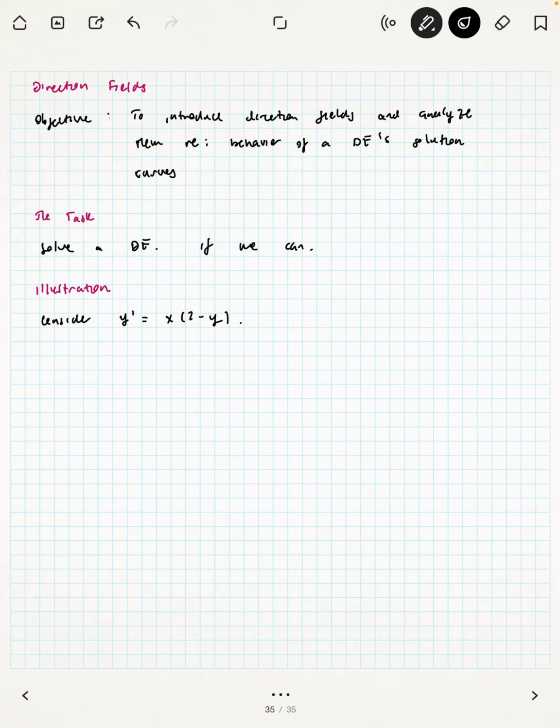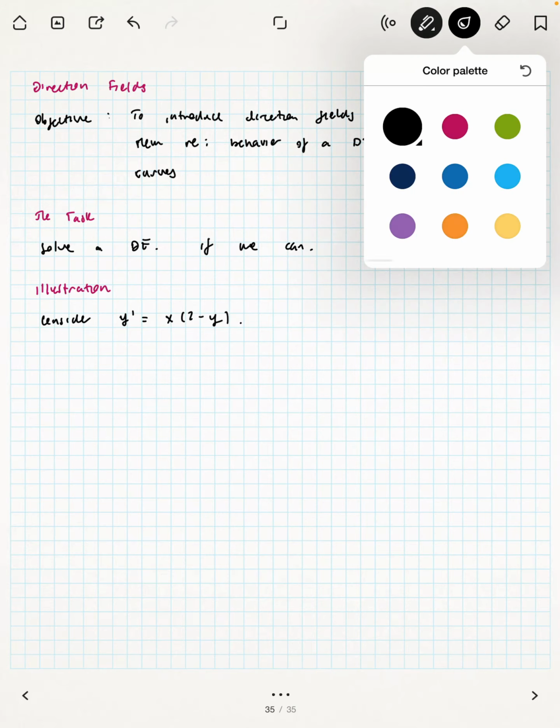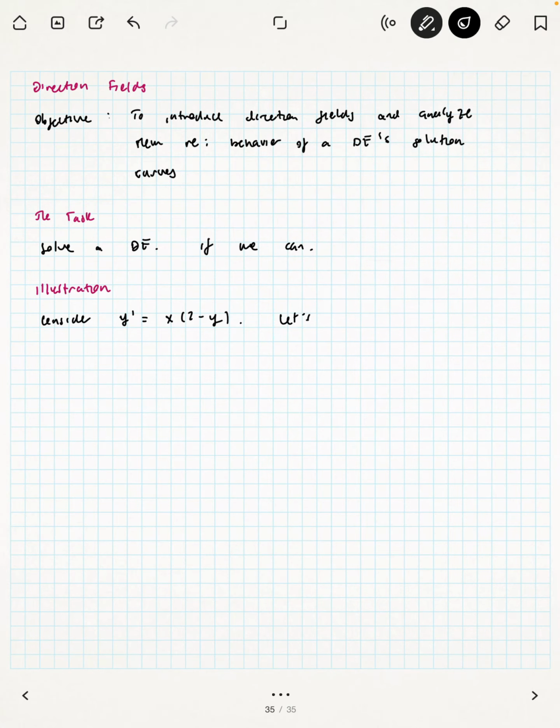What we're going to do is set up the coordinate plane, and at specific sample points, we're going to determine values of y prime. What y prime represents then is the rate of change at that given point.